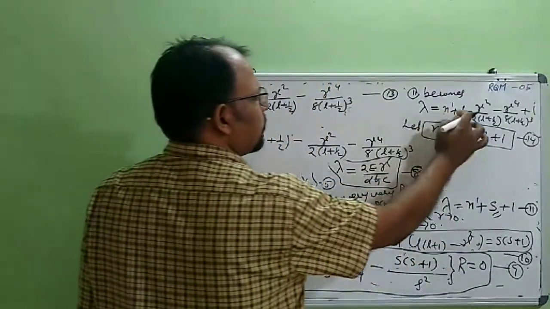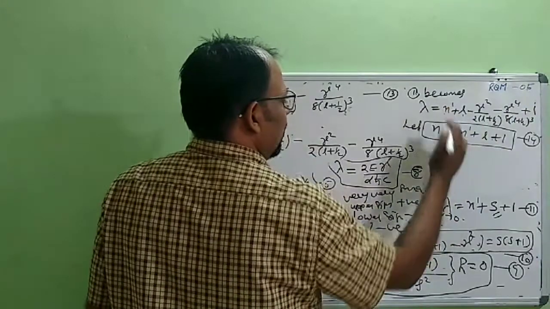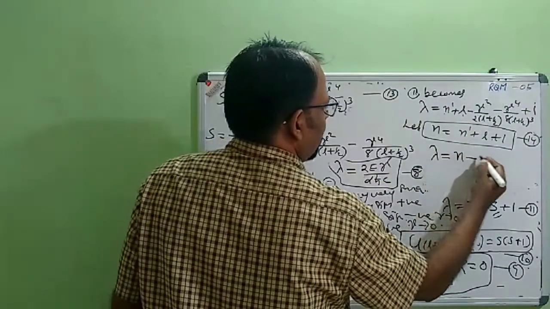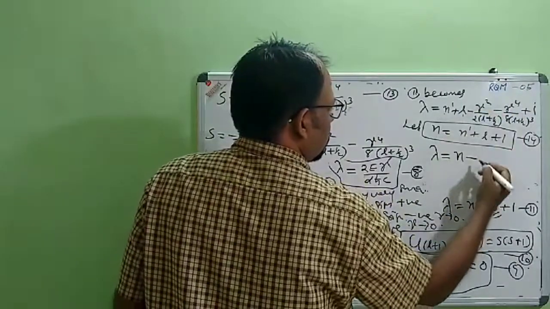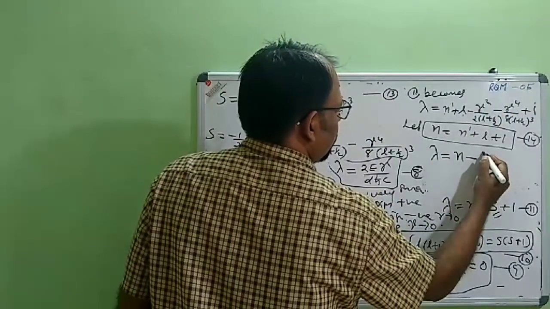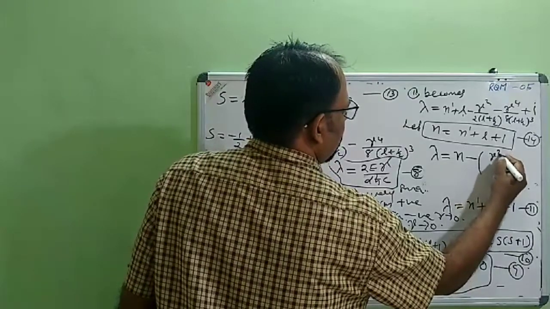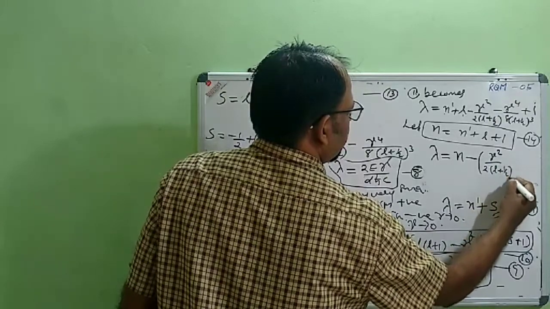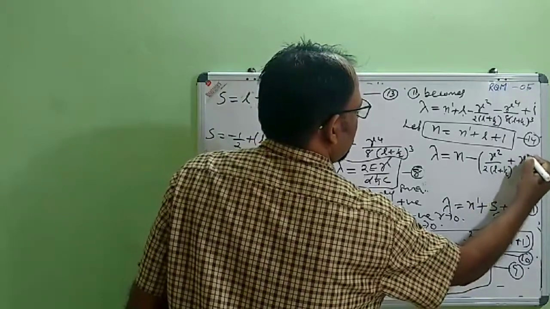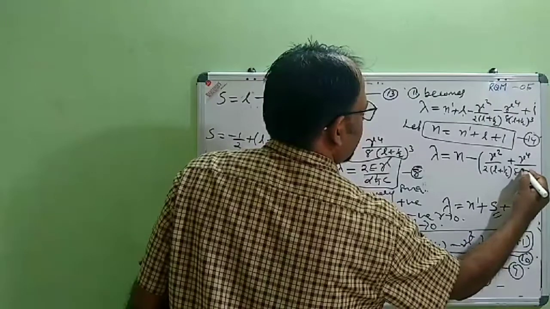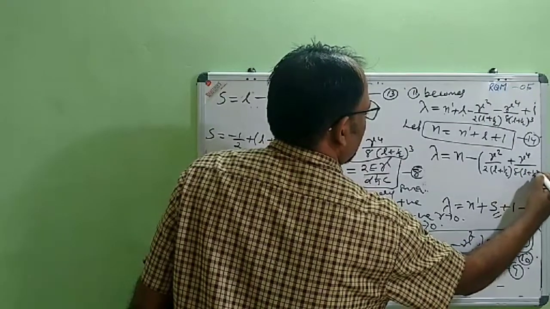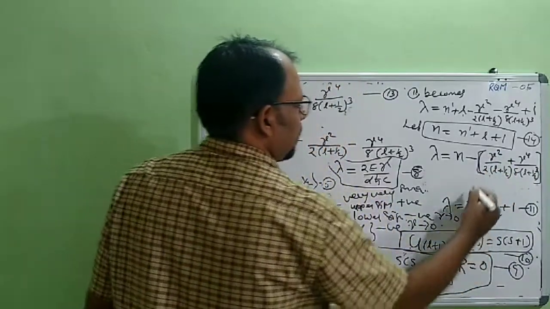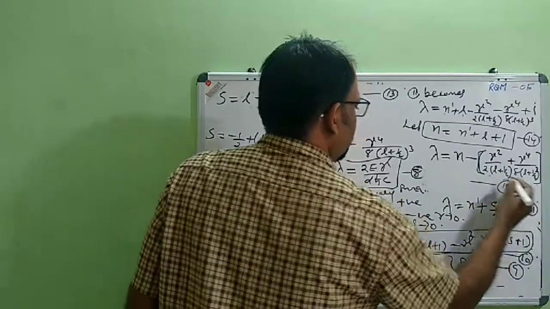So substituting n dash plus L plus 1 as n, I can write lambda equal to n minus, taking minus common from these two terms, minus of gamma square by 2 (L plus half) plus gamma raised to 4 by 8 (L plus half) the whole cube. So this is the value of lambda. I am writing it as equation number 5.